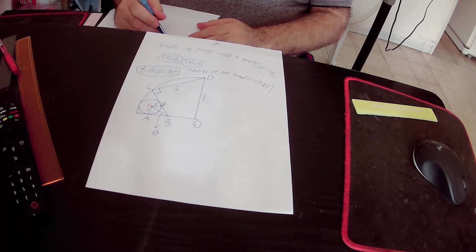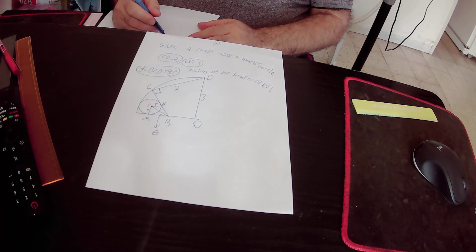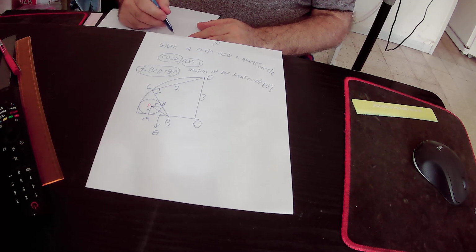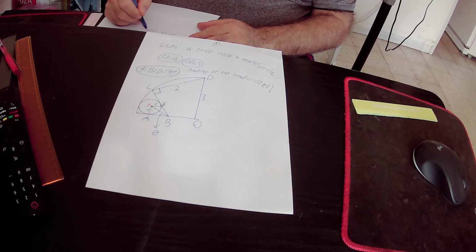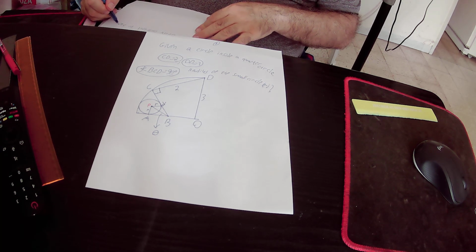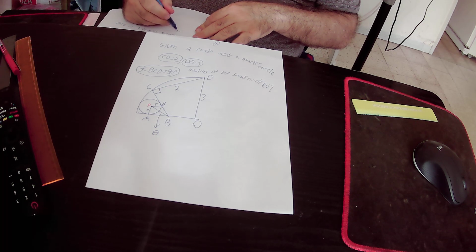Okay, so therefore triangle PBX is congruent to triangle ABP according to the side rule.